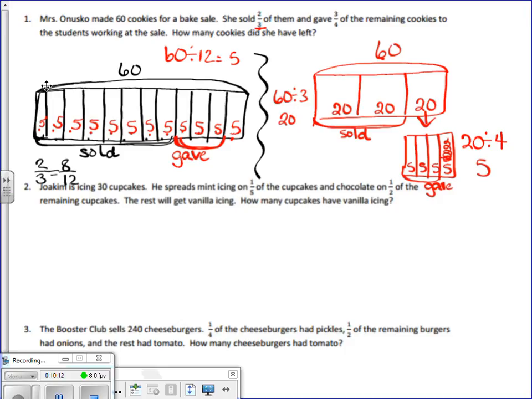It will be a tape diagram. I can split it into 10. Or you could go ahead and do it into fifths. You can do 10 or fifths, whichever one you choose to do.